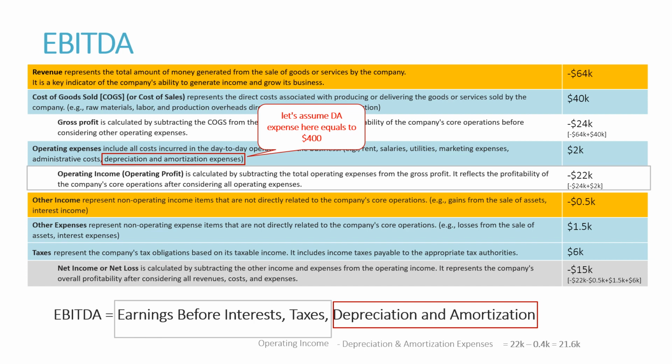So from the operating income of $22,000, we subtract $400 for depreciation and amortization, leaving us with an EBITDA of $21,600. That's it. If you know the structure of your P&L statement and where numbers are sitting, then it's very easy to do this simple arithmetical task.